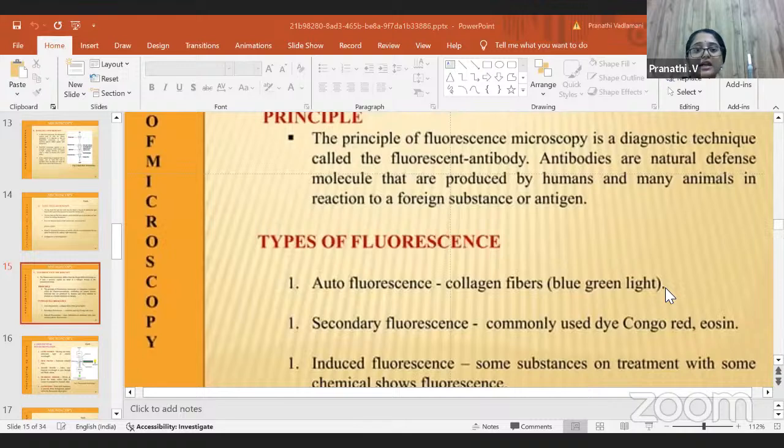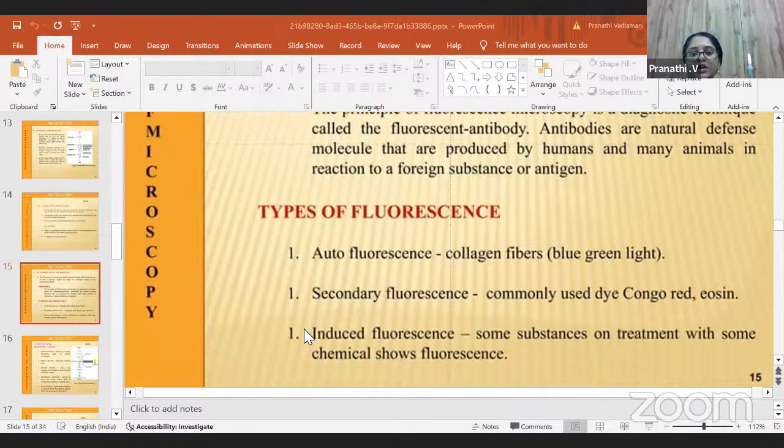The same principle is applied in fluorescence microscopy, wherein the cells are antigens and the antibodies that you add are attached with the light source. So with the principle of dyes acting as antigen antibody, you're going to see a very beautiful colored image of the antigen, which is the specimen that you're looking at.